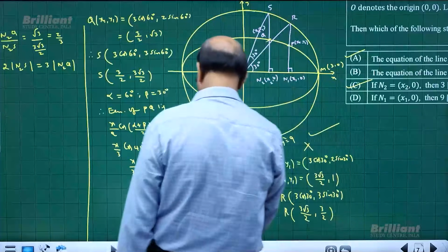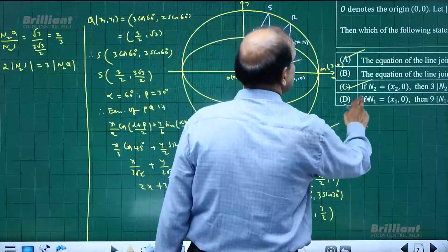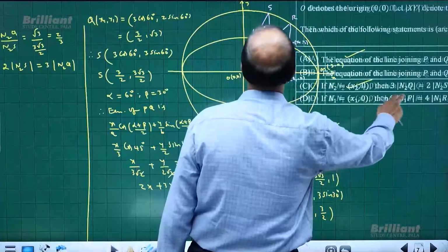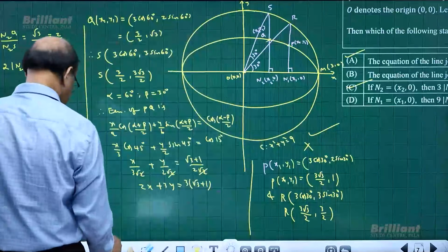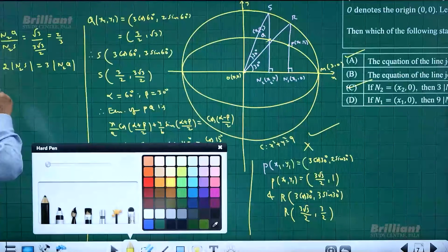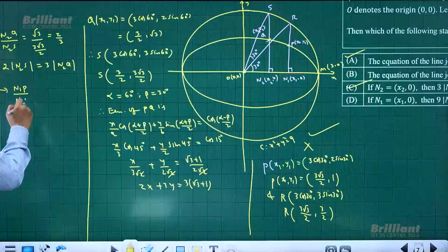What about this? The question is N1P, N1R. In the same way, N1P by N1R.